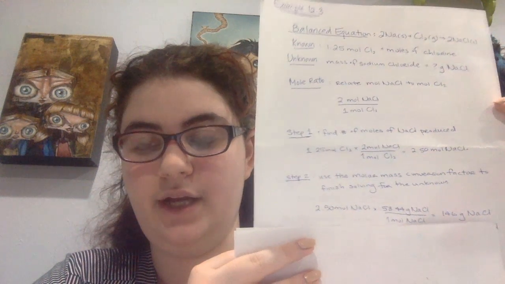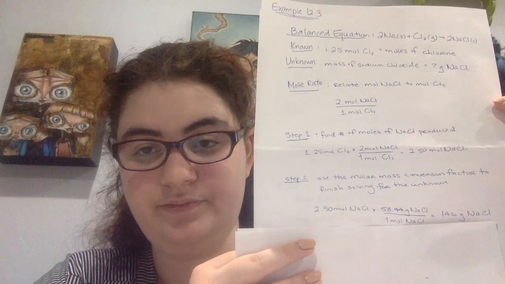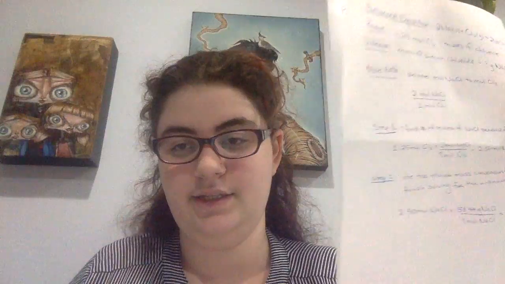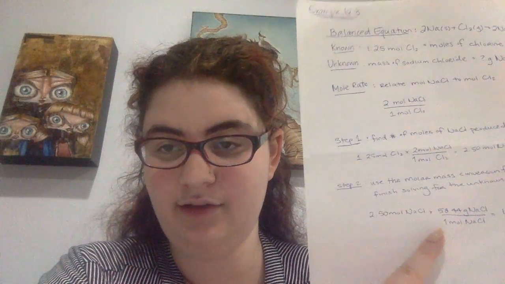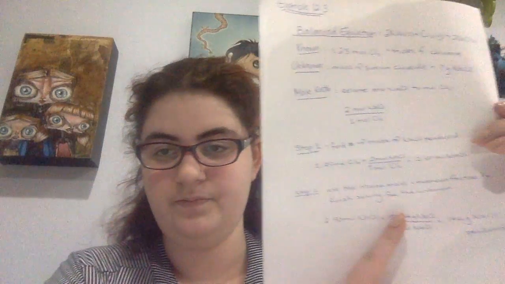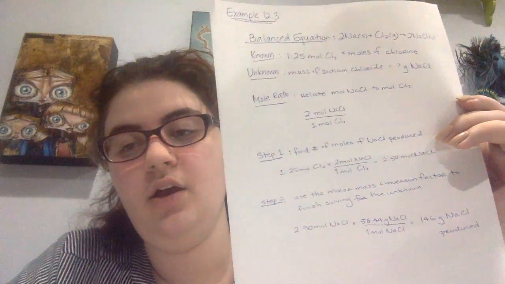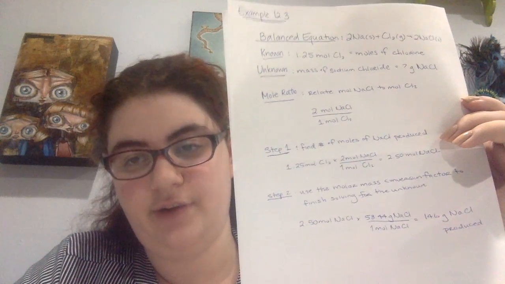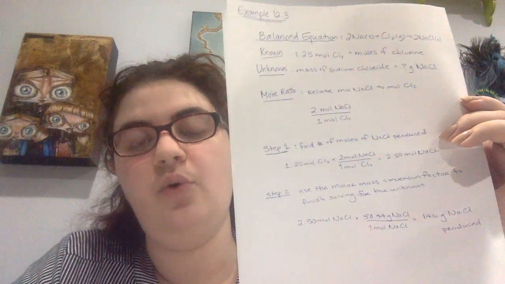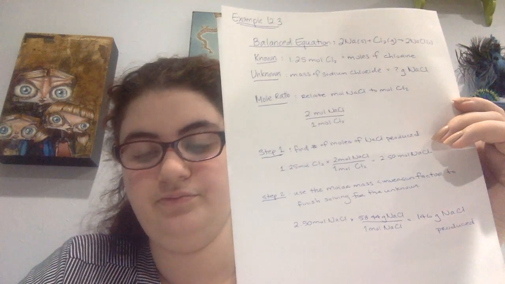Yes. And we're going to get 146 grams of sodium chloride, because the moles cancel out to leave only grams left. So we know that 146 grams of sodium chloride are produced when we use 1.25 moles of chlorine.